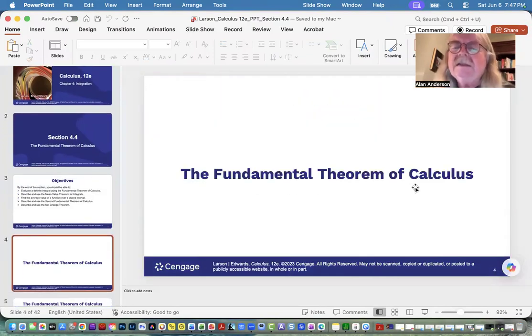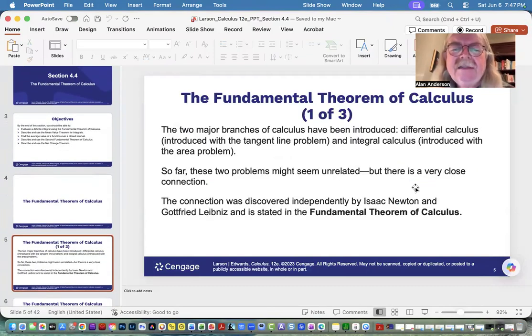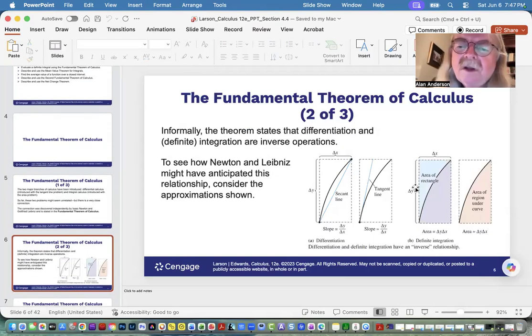This is really why all of this is so important. And you can see they mention here that it was discovered independently by Newton and Leibniz, as I've already mentioned. Newton and Leibniz were the two who are formally credited as being the founders of calculus. And so, what are they trying to do?